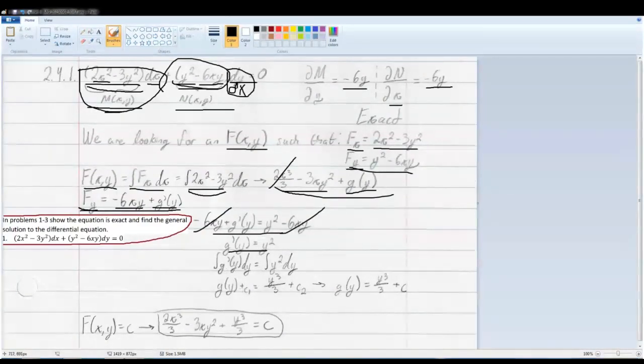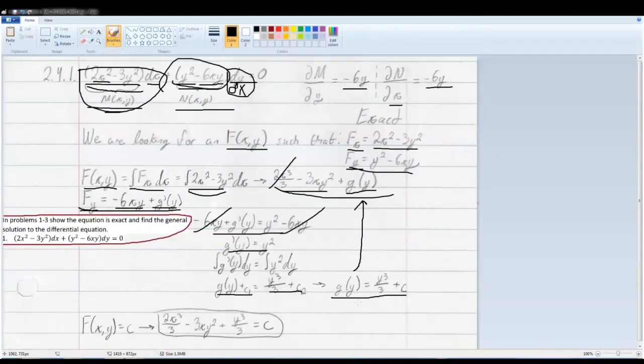We then integrate both sides, and we get our g of y plus a constant equals the integral of the other side plus a constant. We turn both constants into just one, and we have our g of y. Now, I know it's a lot of steps, but we've got our g of y. We plug it back into here.